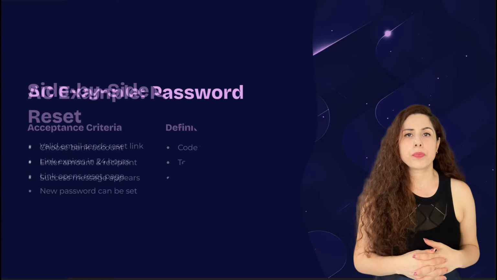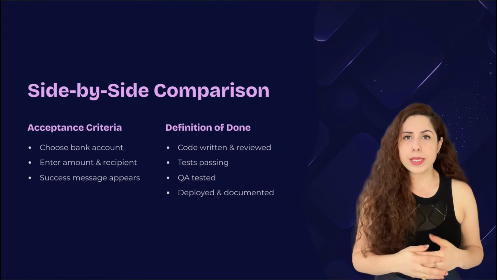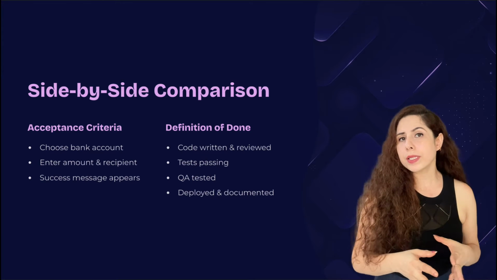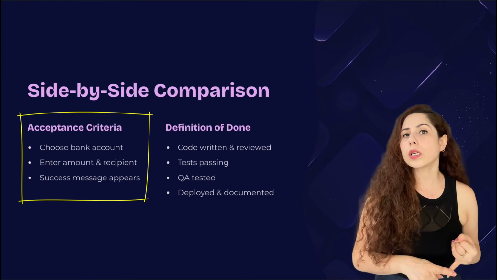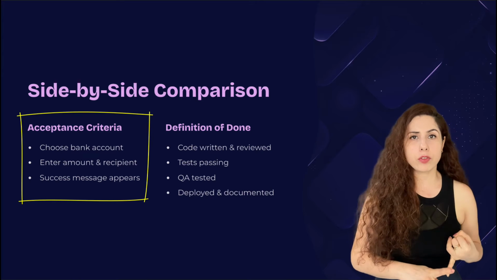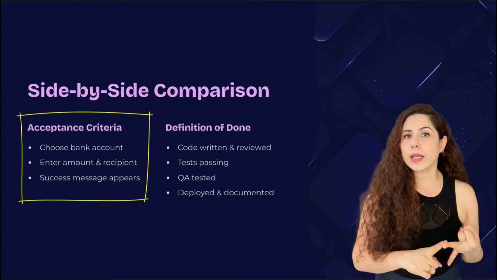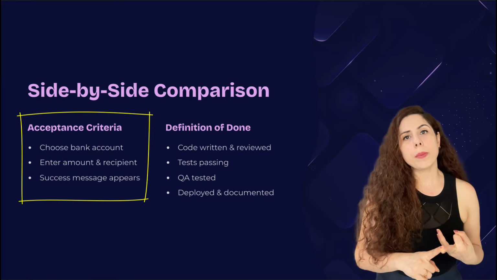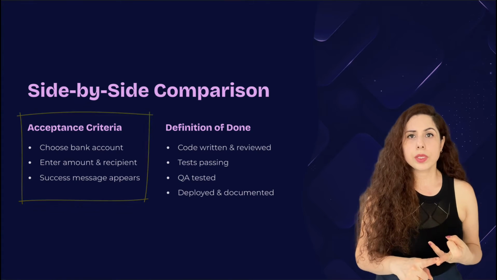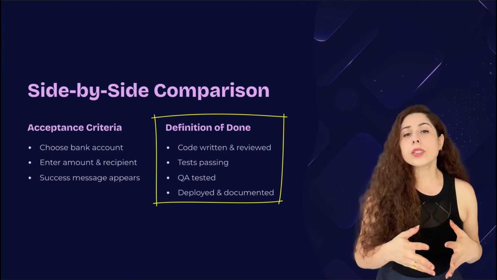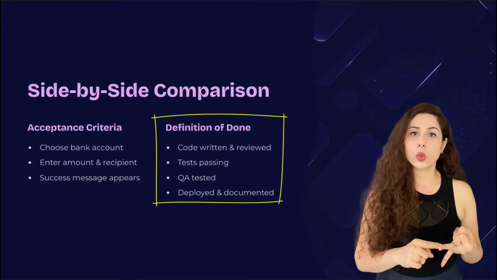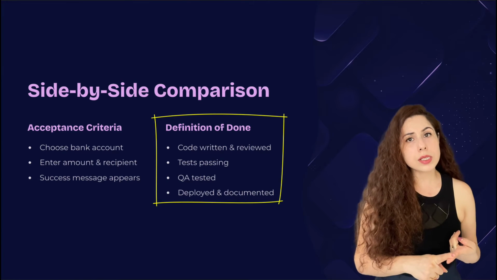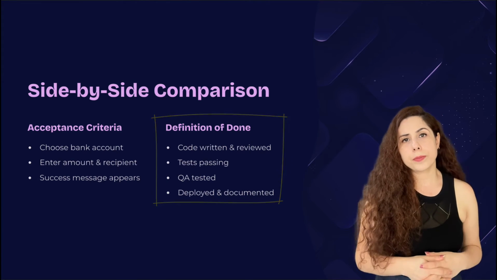So now let's take an example side by side to make things even clearer. For a banking application, acceptance criteria might include the user can choose a bank account to send the money from, the user enters an amount and selects a recipient, a success message appears after the transfer, while the definition of done would still be the code is written, the code is reviewed, tests are passing, QA has tested the features, the code is documented.